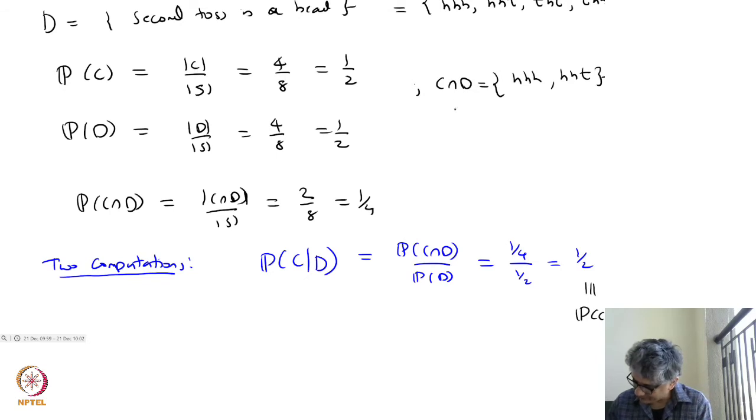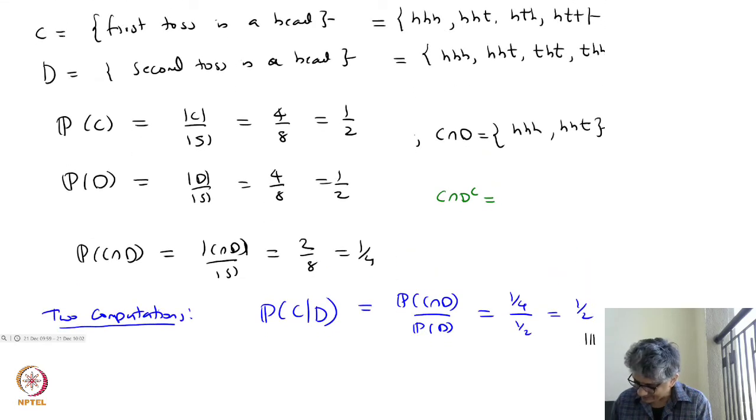Similarly, let's do something like C and D complement. D complement is that the second toss is not a head. C means the first toss is a head, and the second toss is not a head. That means it's just HTH and HTT. That's what C and D complement is.